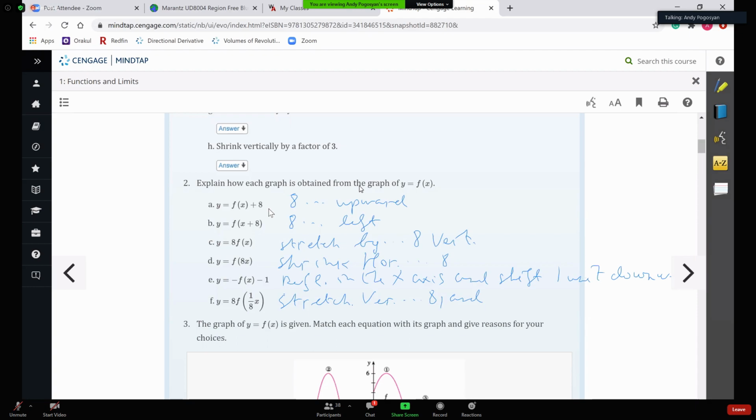No, oh. It should be reciprocal. See, D was 8x, it was shrinking, right? Now 1/8 should be stretch. Stretch horizontally by a factor of 8. So both of them are stretching.